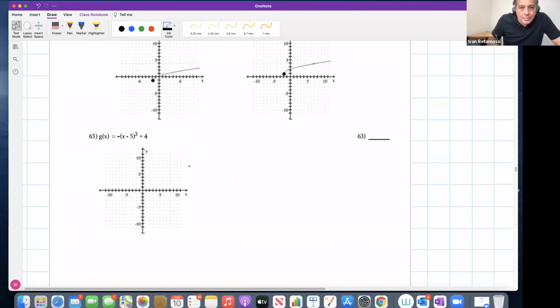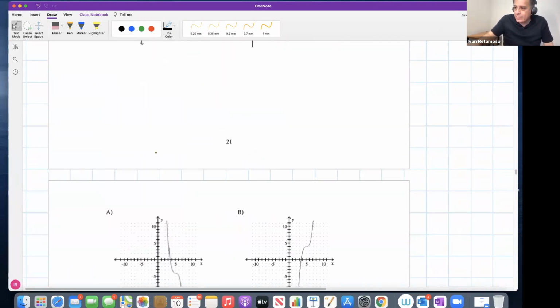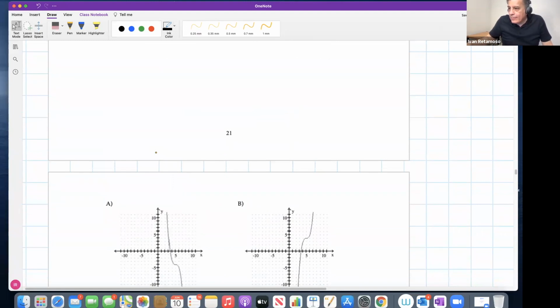This one's similar, but you're going to work with the cubic function. It's a chair-like function, right? So just shift it 5 units to the right, do the reflection, and then 4 units up. If you do all that, you should get your answer.